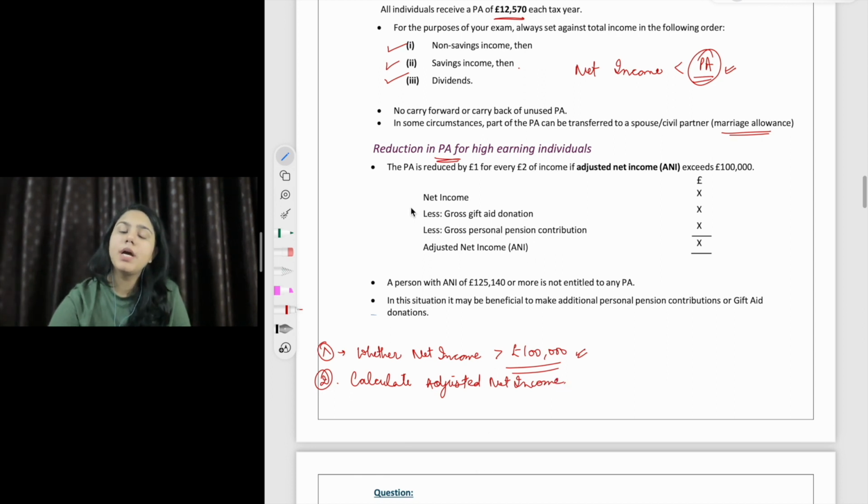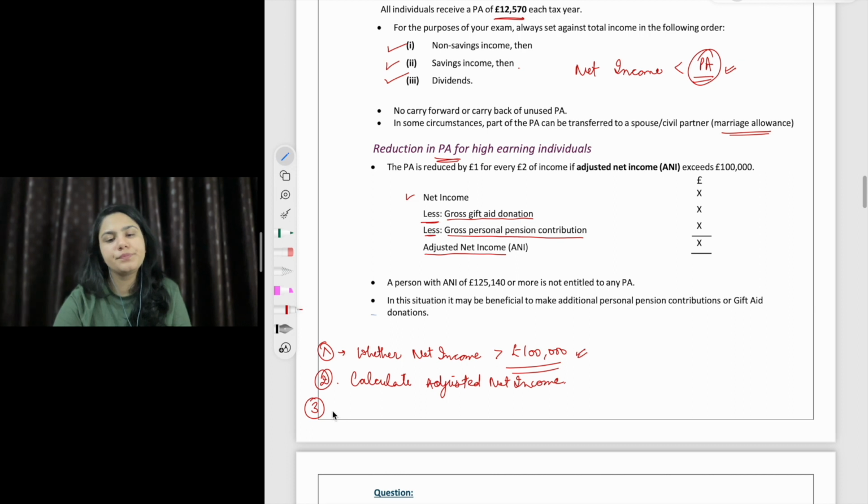What is adjusted net income? Adjusted net income is net income minus gross gifted donations, which are gifted donations to UK registered charities, and less gross personal pension contributions. This is the pension contribution made by the individual. We will get our adjusted net income. The third step is to look at whether ANI, short for adjusted net income, is greater than 100,000 pounds or not.